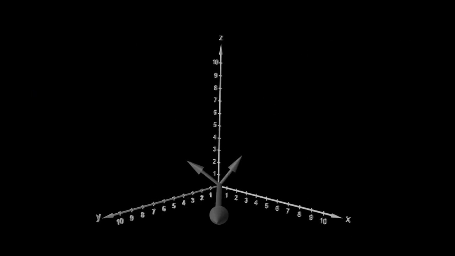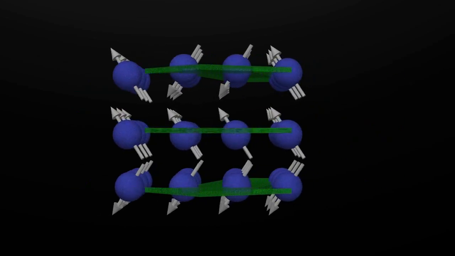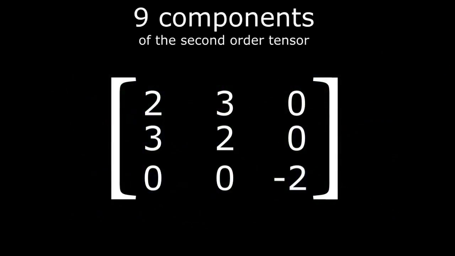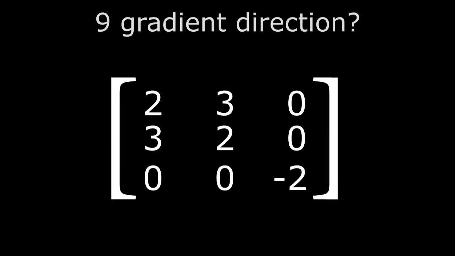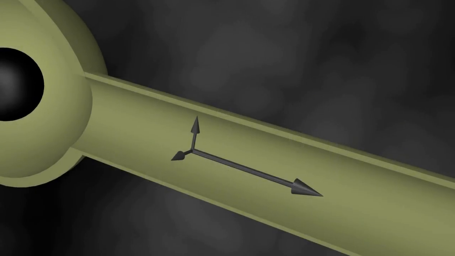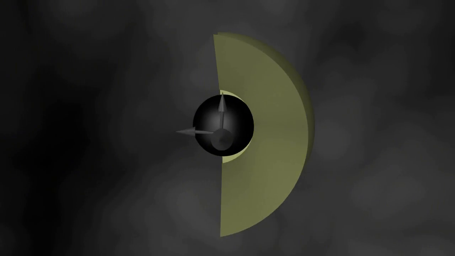So in diffusion tensor imaging, we obtain a sufficient number of gradient directions to determine the tensor components of our matrix. Based on the 9 components of the second-order tensor, we would assume that we need a minimum of 9 gradient directions to acquire all the necessary data. However, if we assume the axon bundles are symmetric, then the 2 minor eigenvectors should be identical in size.